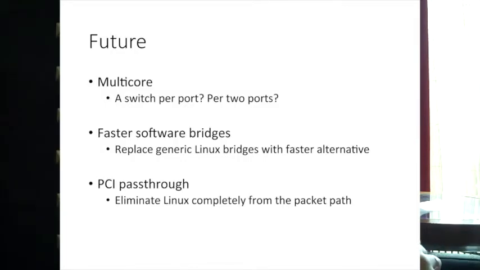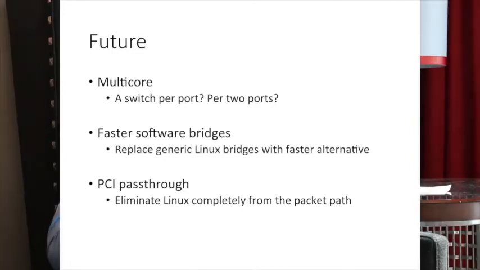To use multiple cores, you just need to spawn more instances of the virtual machine, and then you may assign, for instance, several ports to one instance and another couple of ports to another instance, and you may have a linear performance increase when you add more cores.